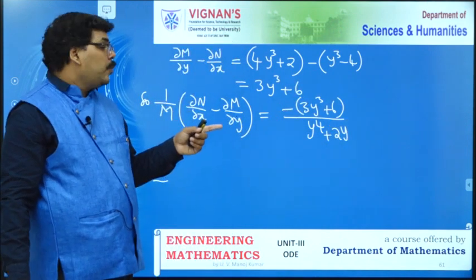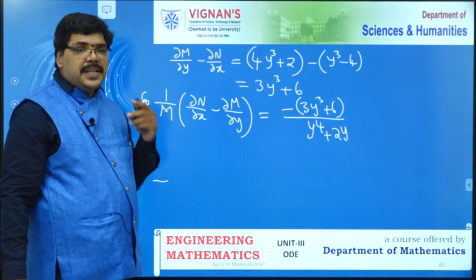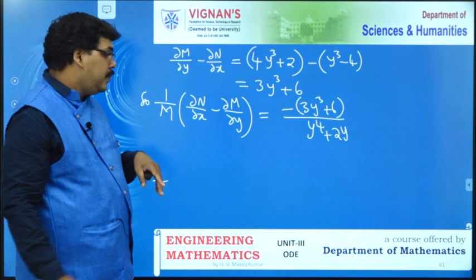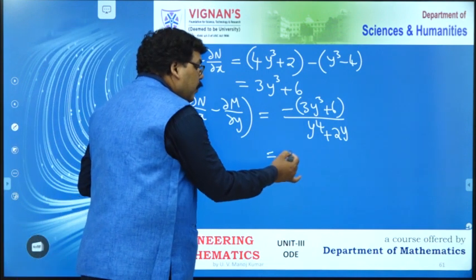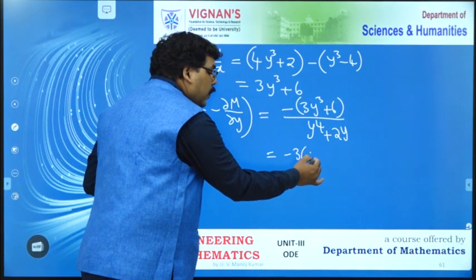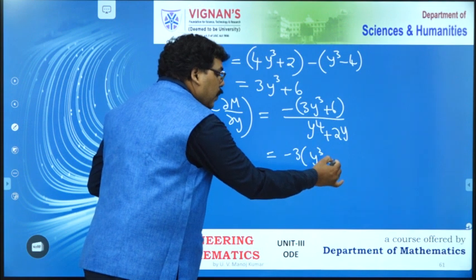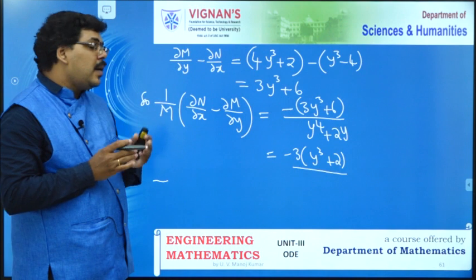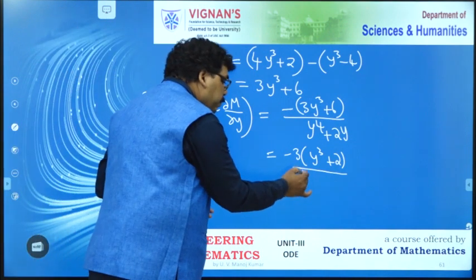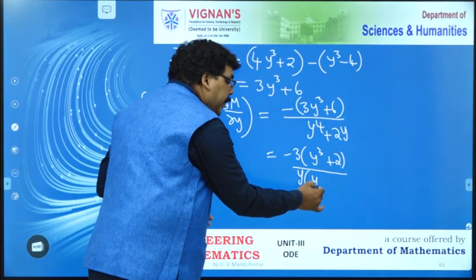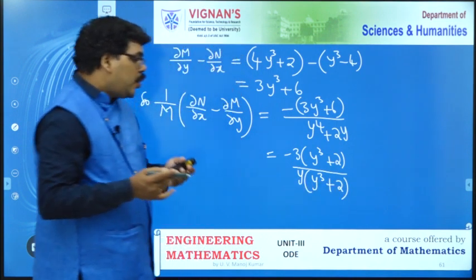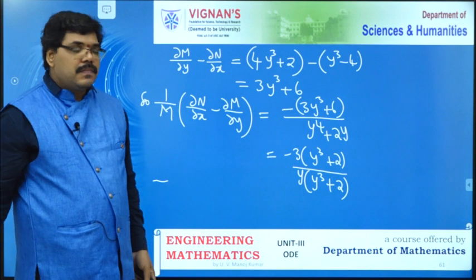Okay. So then what we have to do? Simplify this. In the numerator take common 3. In the denominator take y as common. So y cube plus 2 cancels.